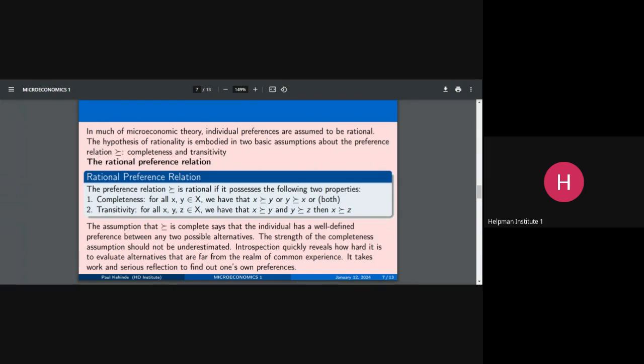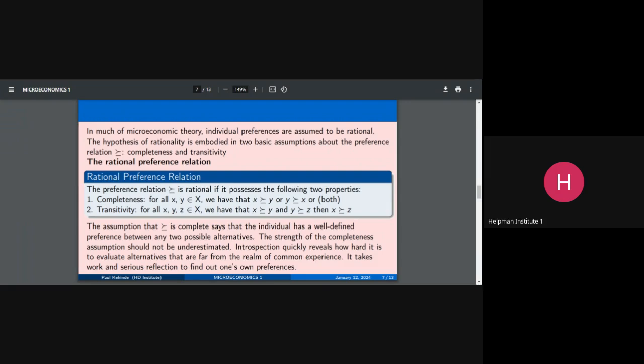What does this mean in reality? Let me recap. It means that if you have three items, say I'm picking apple for breakfast, orange for lunch, and banana for dinner. When I prefer apple to orange, that's my breakfast.